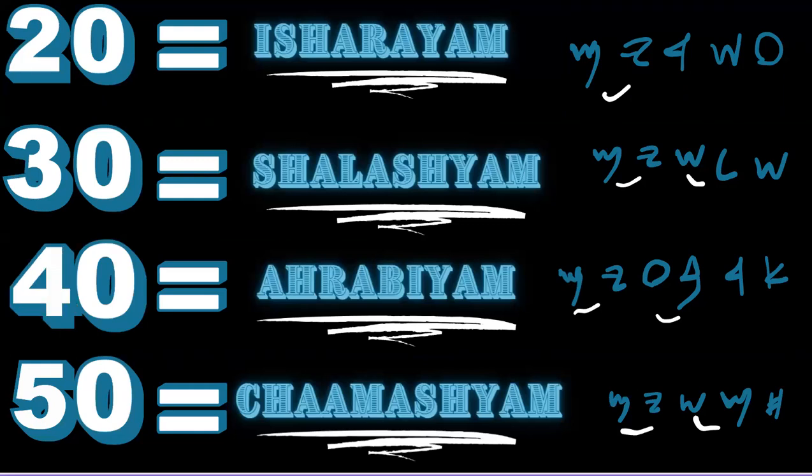You have 20, which is Asharayim, which we went over in the previous lesson. Asharayim, and then you have the paleo spelling of the Lashon Kodash to the far right for reference.